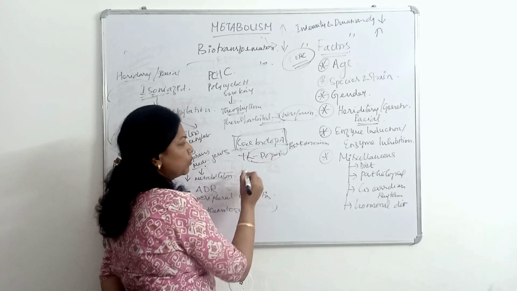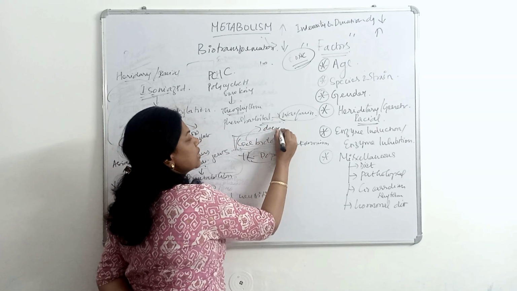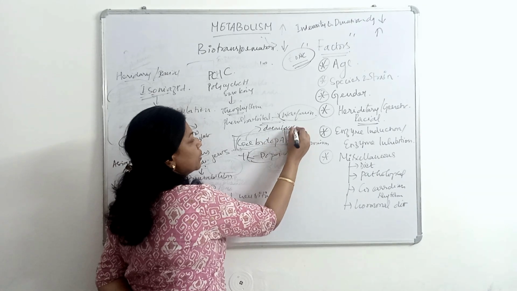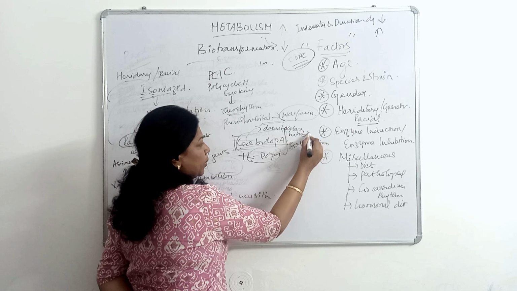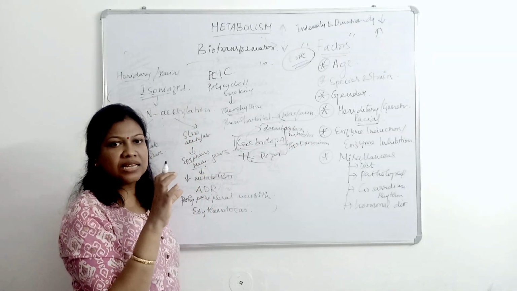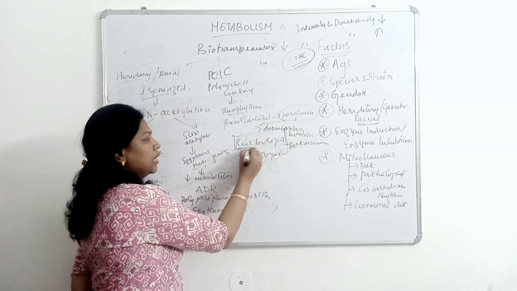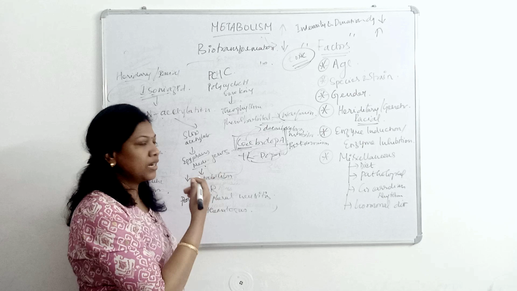What for is carbidopa given? To inhibit the decarboxylase enzyme, which is responsible for conversion of levodopa into dopamine. So carbidopa is a decarboxylase inhibitor. Sometimes this enzyme inhibition is used beneficially like this.